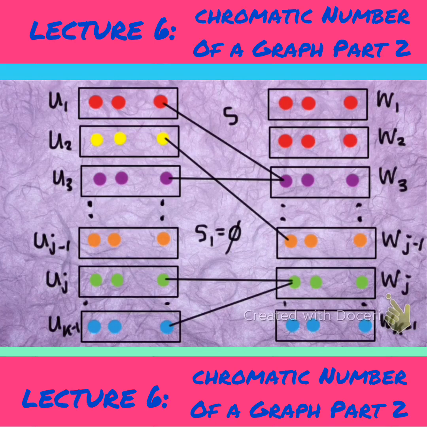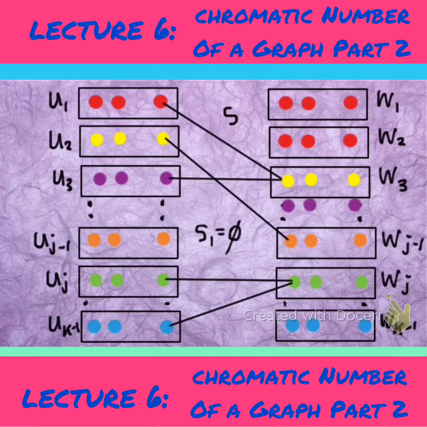Now, if I look at U2, because there are no edges between U2 and W3, I can go and replace the colors of W3 with the color that I used for U2. Because there are no edges between U3 and W4, I can go and replace the color I used in W4 with the color I used in U3.